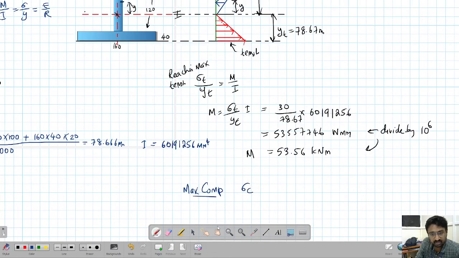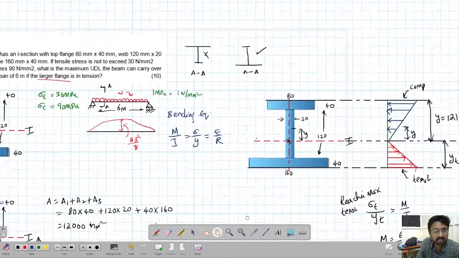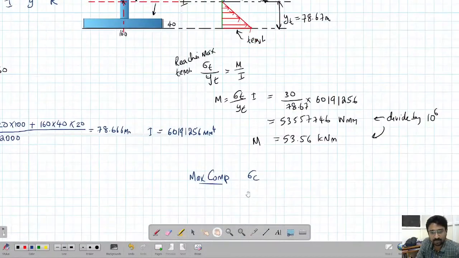Now for maximum compression, sigma C, the compressive stress, is given as 90 MPa. It is a slightly higher value.